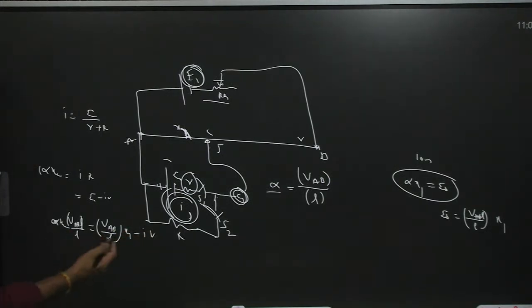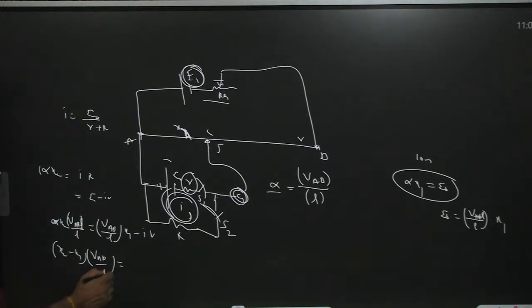So you bring this side. We can get (X2 minus X1) VAB by L is equal to I. E naught is what?